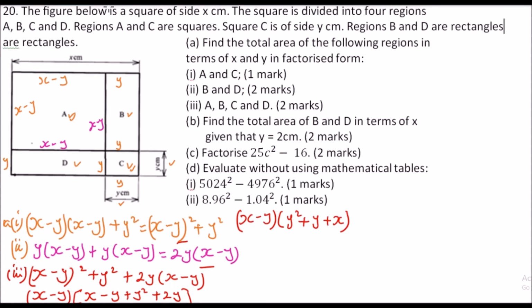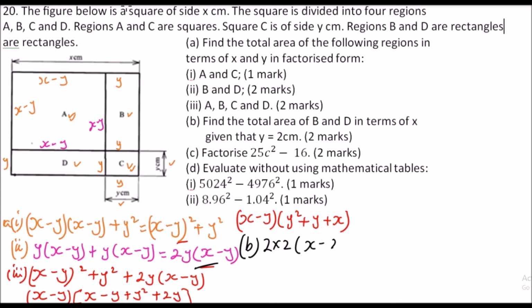At B, we are told to find the total area of B and D in terms of x, given that y is equal to 2. We have been given that area here, so we just replace y with 2. So this is 2 times 2 into bracket x minus 2.